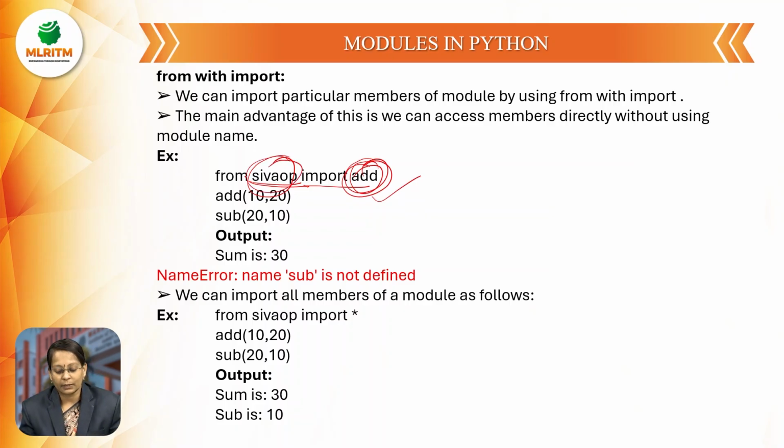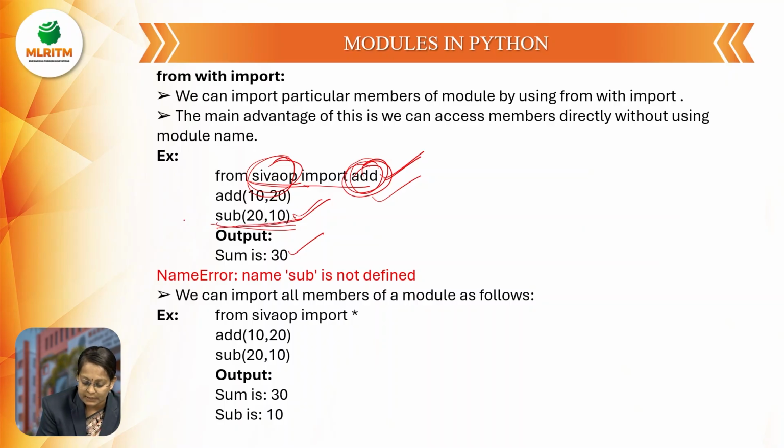Add(10, 20), sub(20, 10). But here we are not importing sub. That's why the name sub is not defined. Why? Because we are not importing it from shivaop. We imported only add, so for add we got the result, but sub we did not import from shivaop.